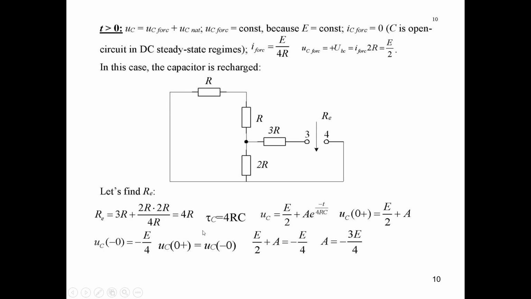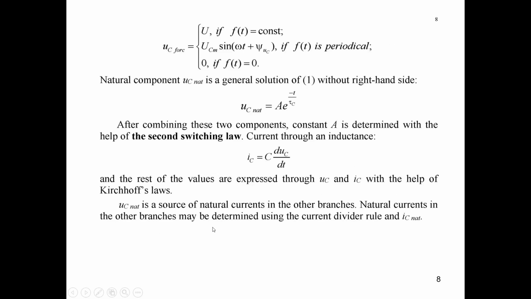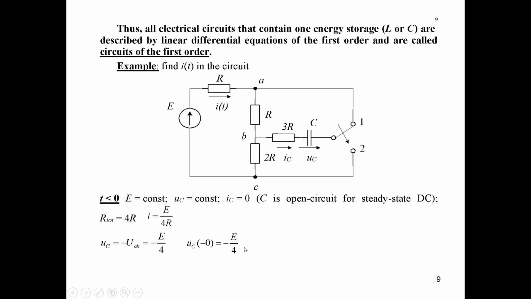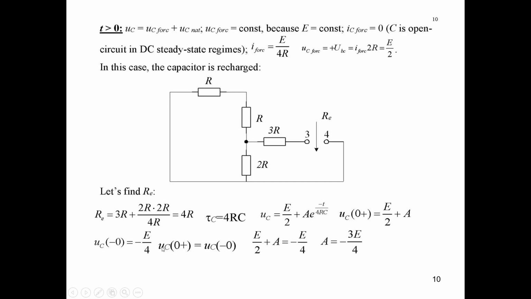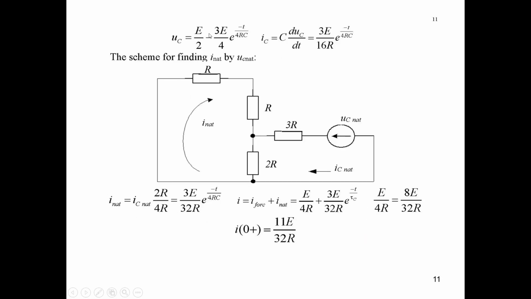And you see UC from minus 0, as we have determined, was equal to minus E over 4. So from this condition, this will be equal to this, okay? From here, A equals minus 3/4 of E. We write down here its natural component, A integration constant multiplied by the exponential function minus t over 4RC.